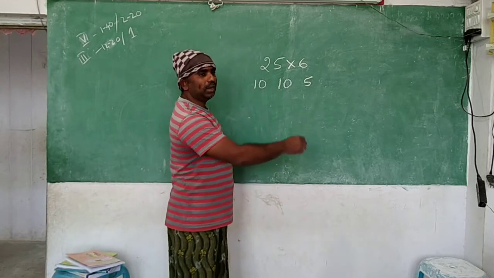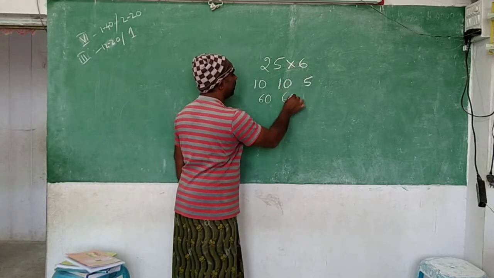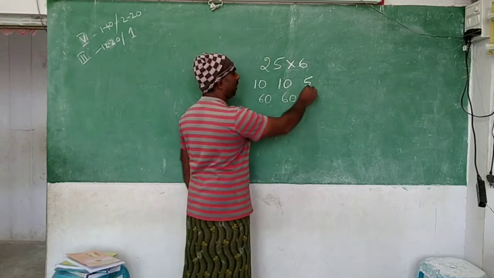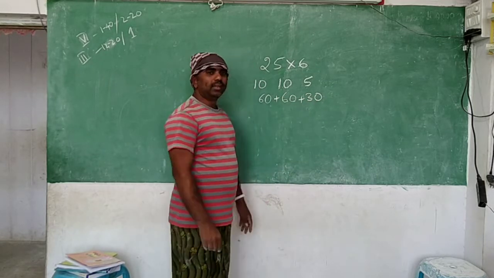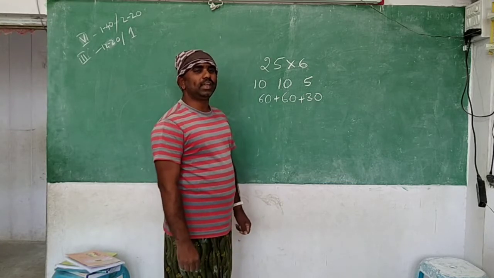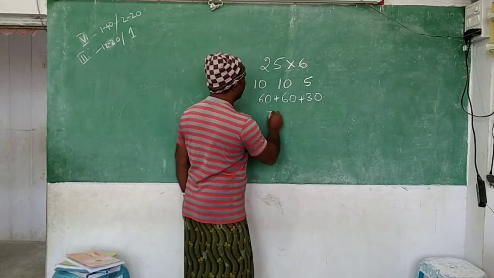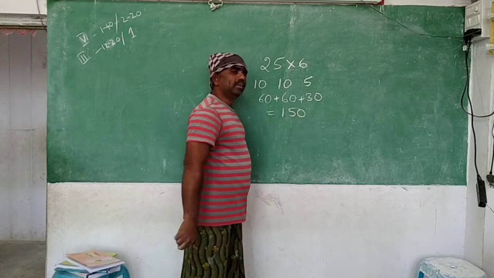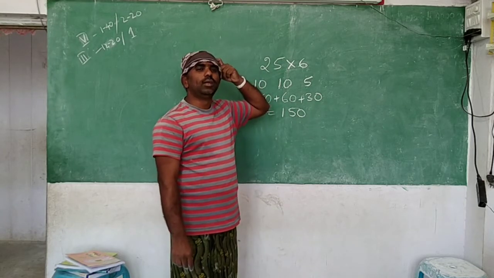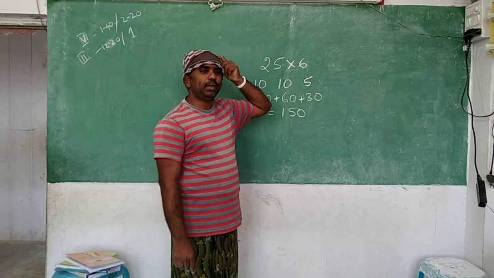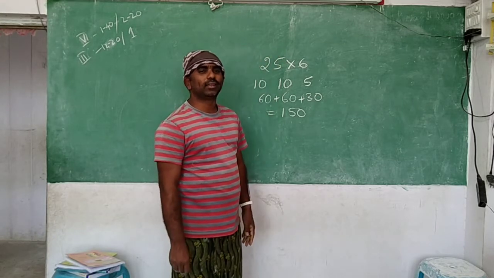Now you can multiply. 10 sixes are 60. 10 sixes are 60. 5 sixes are 30. And add them up: 60 and 60 is 120, 120 and 30 is 150. So if you follow this method, you can do it in the brain also, without using paper. You can split like that, multiply and add in the brain only.